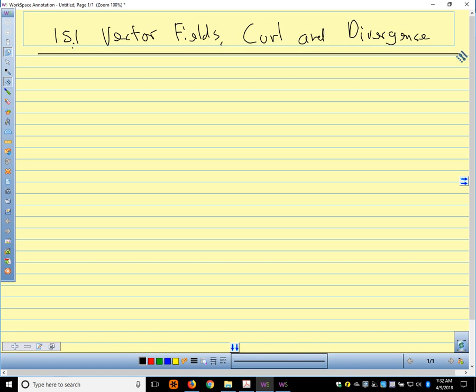All right, so in chapter 12, we talked about vector-valued functions. A vector-valued function assigns a vector to a real number.